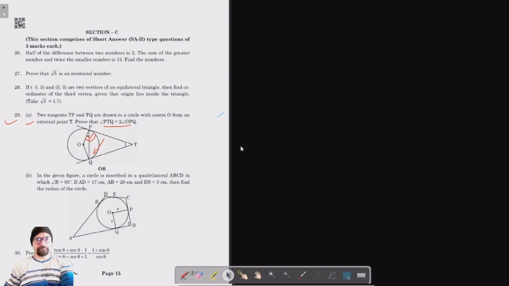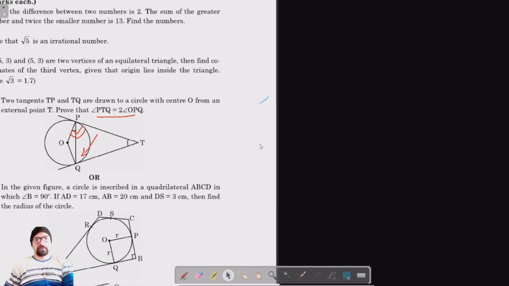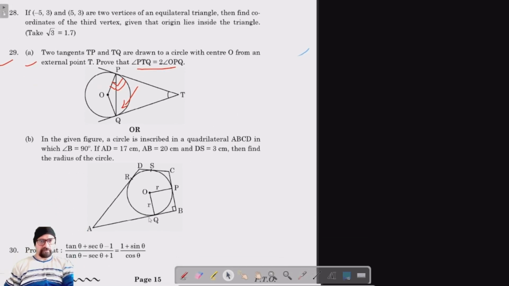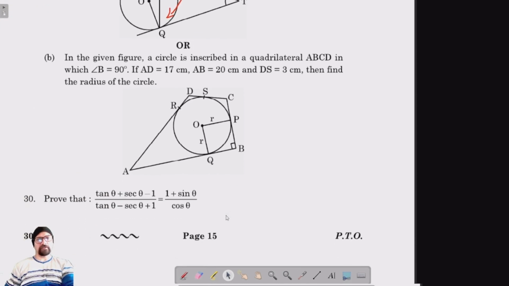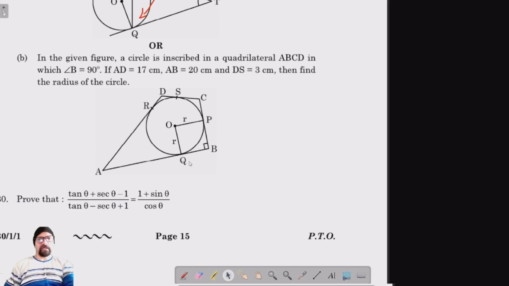So this is the circle that's inscribed in a quadrilateral ABCD, and it's given that angle B is equal to 90 degrees.